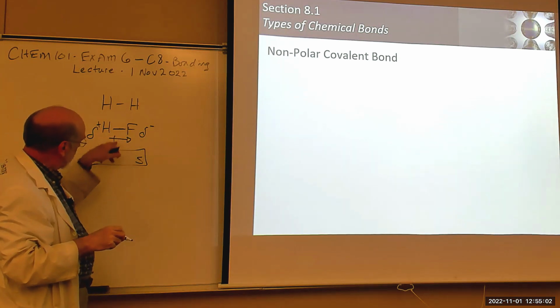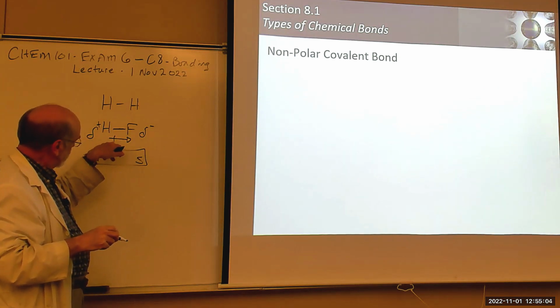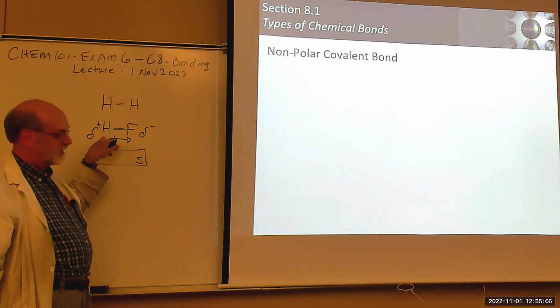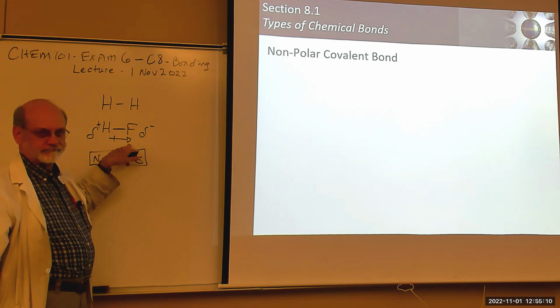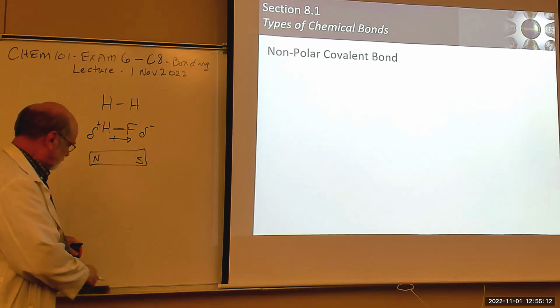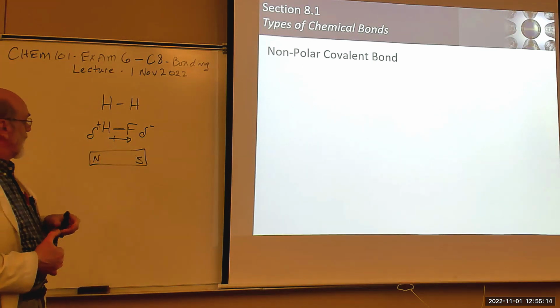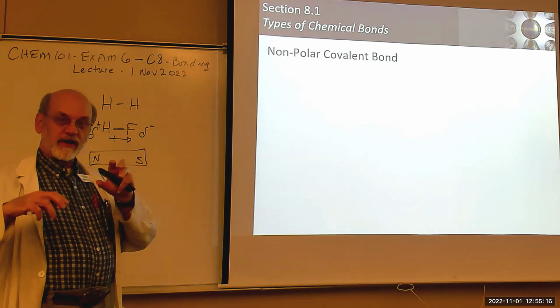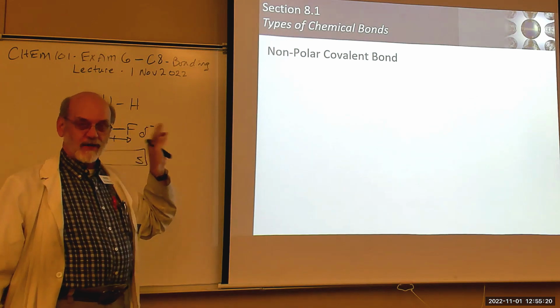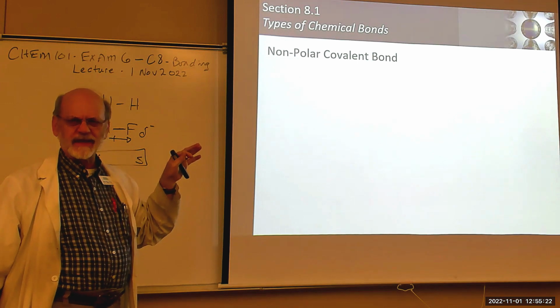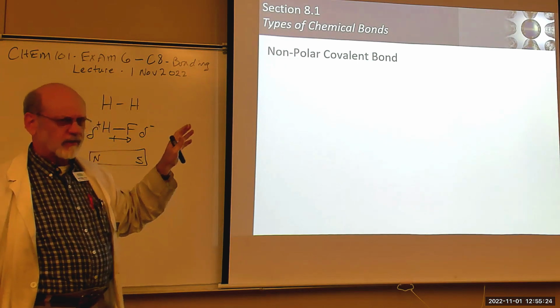And sometimes we say the bond is polar this way, where the plus is on the side of the positive, and the arrow points toward electron density. And there are gradations of polarity of all bonds. We're going to cover how to determine that. We haven't done that yet, have we? I don't think so. Okay.